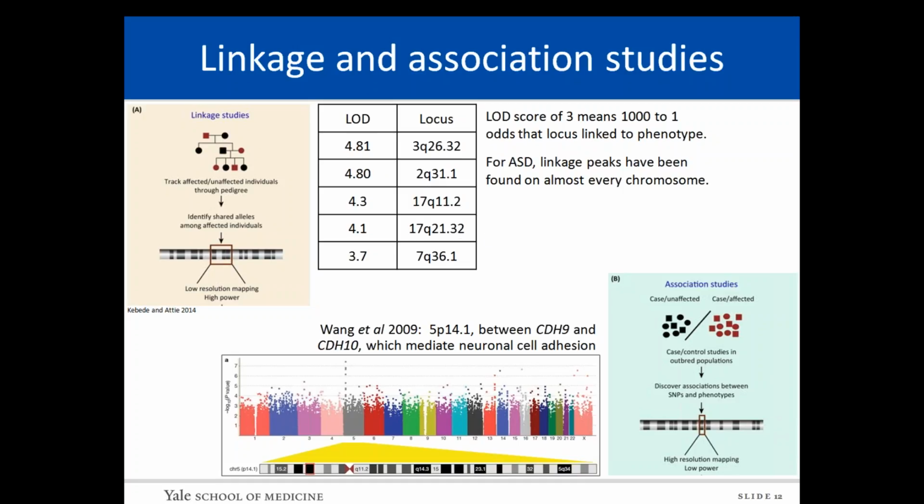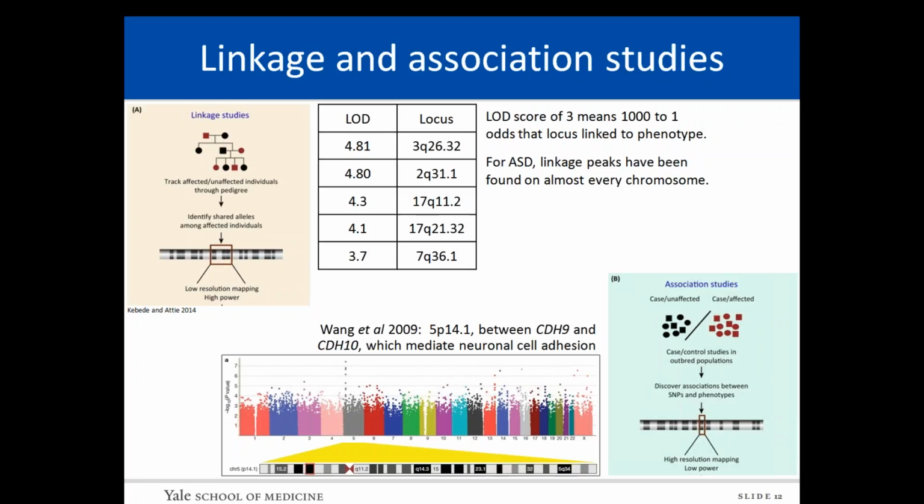The other type of genome-wide study that's been done is association studies, and these in a way are even simpler to understand. You basically have two cohorts, affected individuals and control individuals who are typically developing, and you're simply asking, do the cases have more mutations, and in which genes or chromosomal regions?